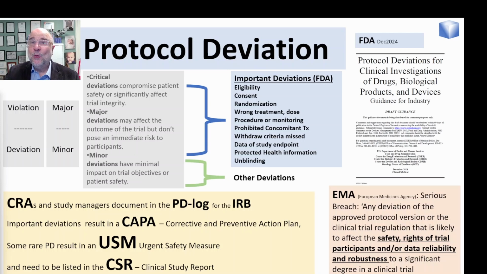And finally, when the entire protocol is done and the report is written, then these major, now important deviations are part of the CSR, the Clinical Study Report. And those are now enough abbreviations. These were enough acronyms for one video.